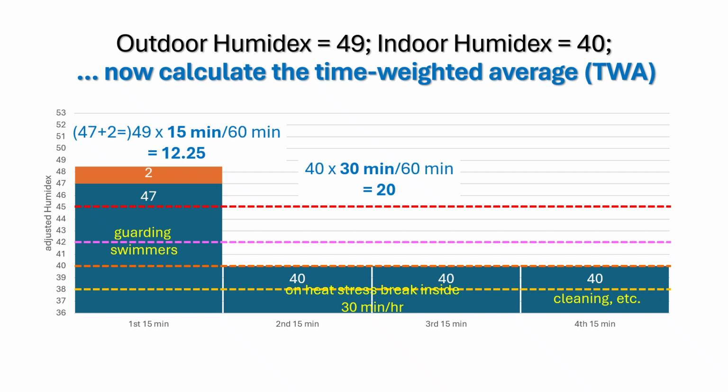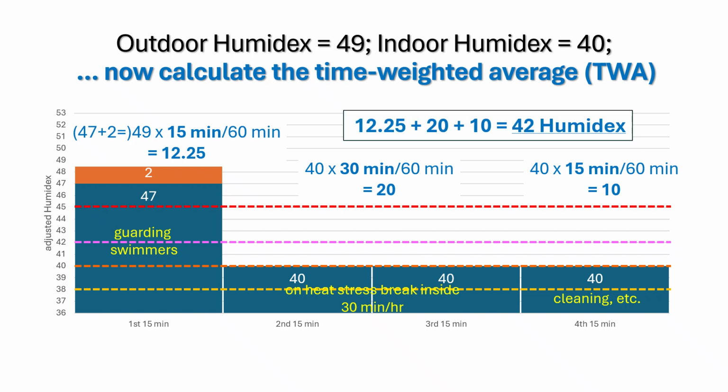For the heat stress break inside, we have 30 minutes divided by 60 minutes times 40. And for cleaning up, it's 15 minutes divided by 60 times the Humidex of 40. And then we add those 3 numbers up, and we get an equivalent time-weighted average of 42 for the Humidex.